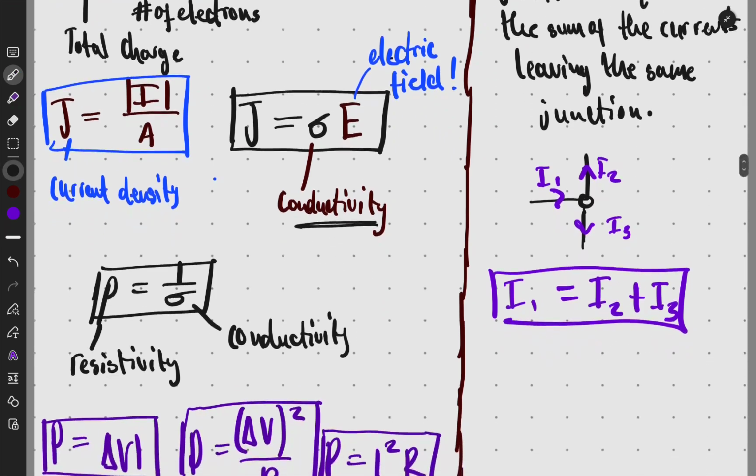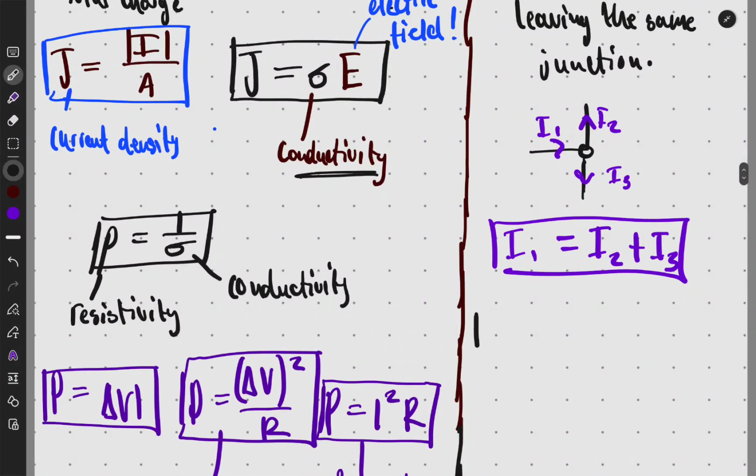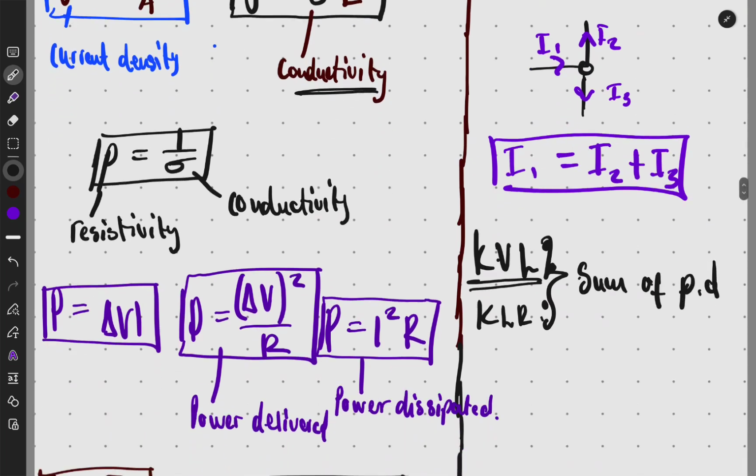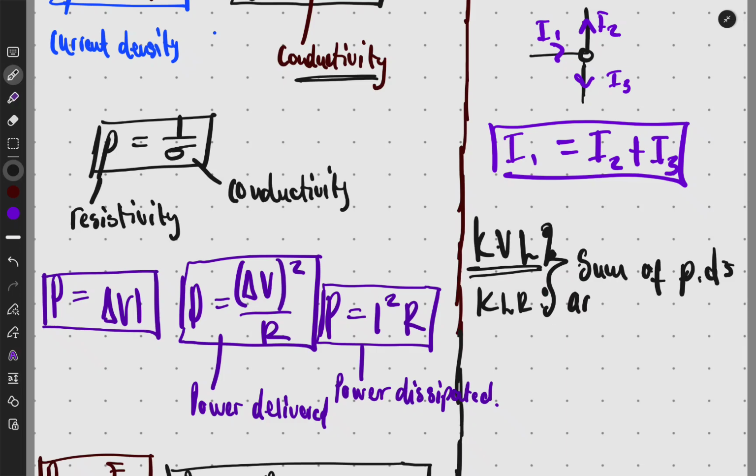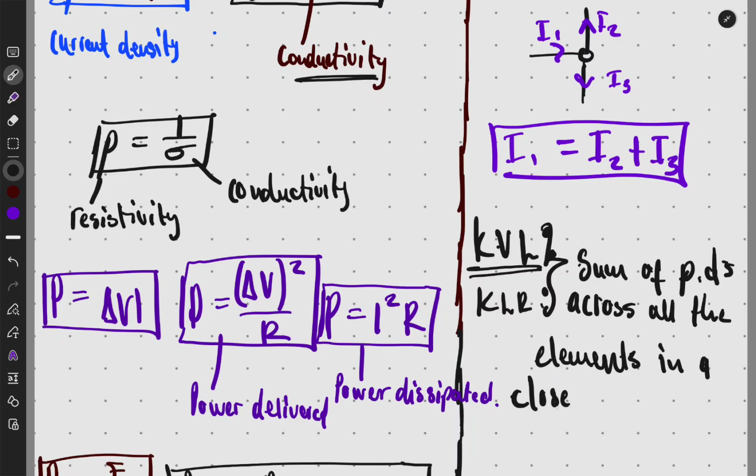And Kirchhoff's loop rule, also called Kirchhoff's voltage law, or KVL, says that the sum of all the potential drops, the sum of all the PDs, across all the elements in a closed loop must be zero.